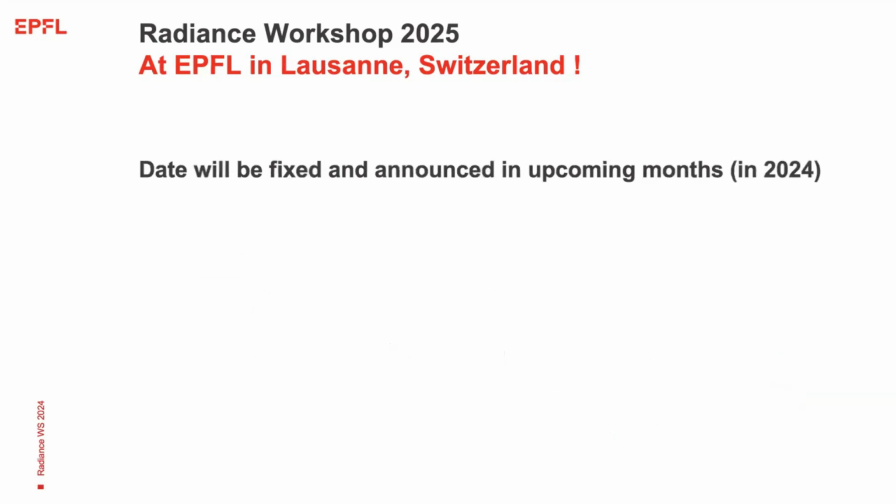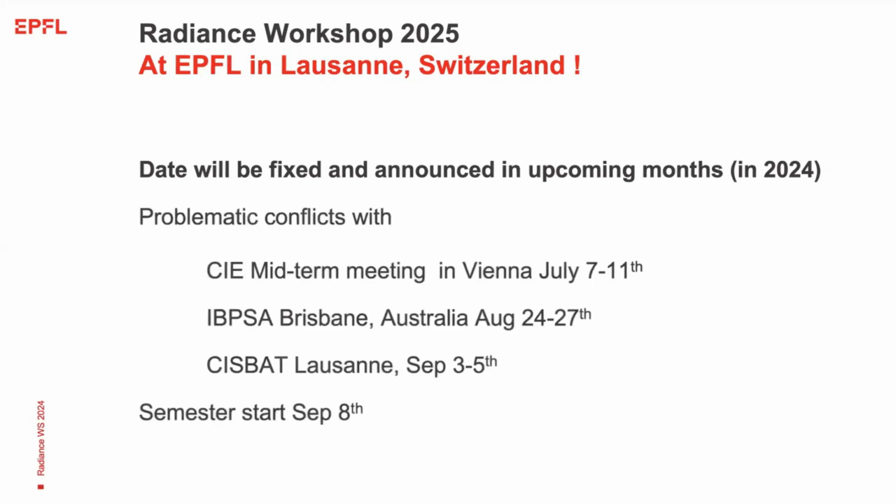But we have to see when we do this. Andy mentioned that at the beginning. We have an issue with other conflicting events next year. There is the CIE midterm meeting, which is beginning of July. Then we have in between the vacation time. Then we have the IBPSA conference in Australia. And then we have the CISBAT conference, which our lab is also organizing in Lausanne, which is the week after.